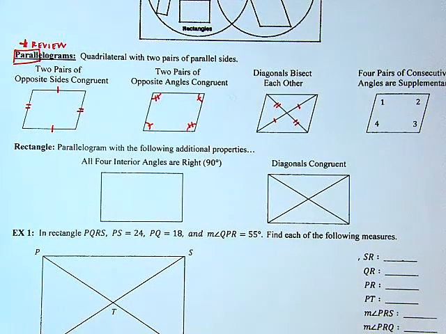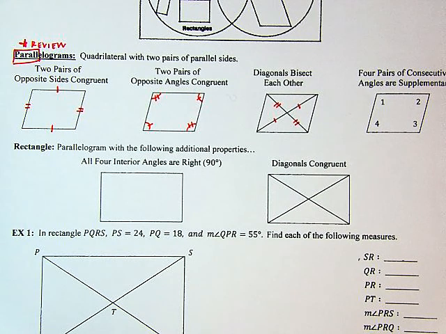Okay, we also know that we have four pairs of consecutive angles that are supplementary. We called those angles same side interior. It is the same thing as consecutive. Consecutive just means that inside of our figure, our shape, we're looking at angles that are right next to each other. And remember that that relationship, right, it builds off the parallels.